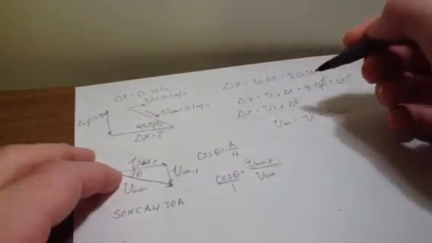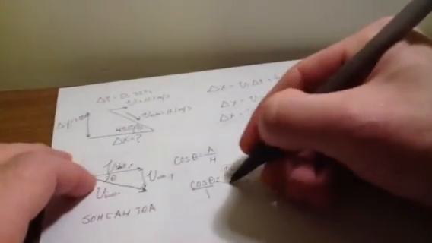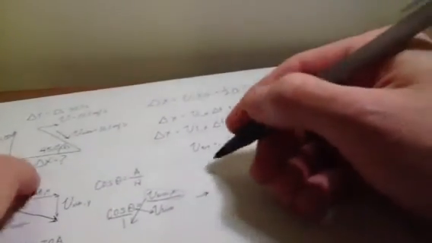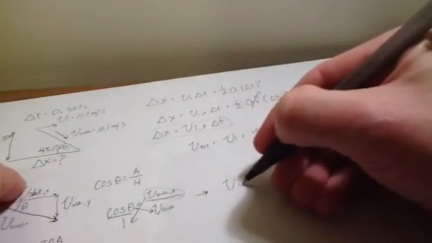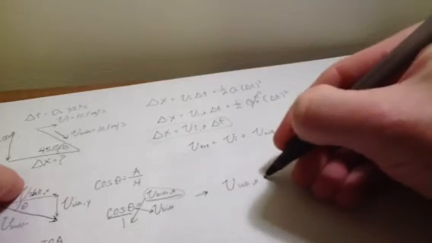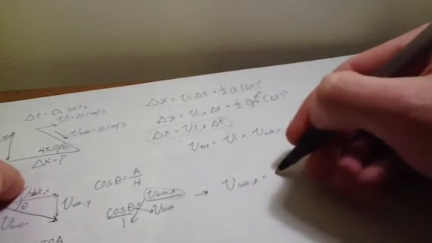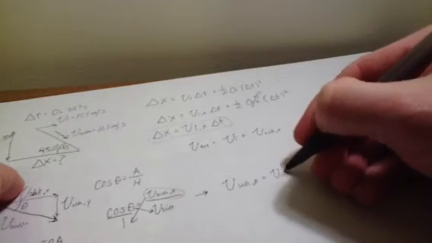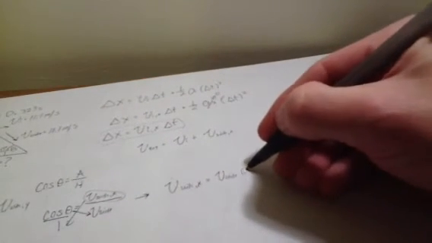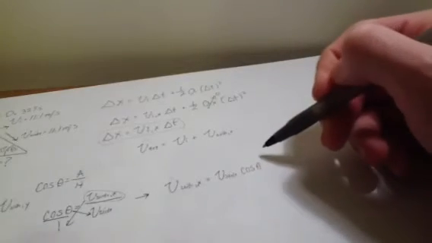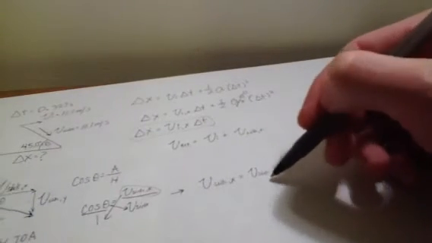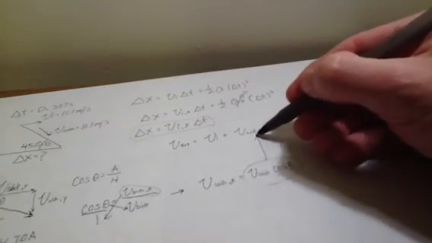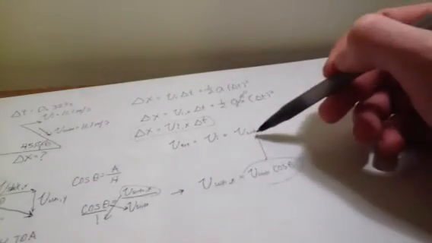If you set this over 1, since they have an equal sign here, and cross multiply on both sides, you get your speed of the kid on the slide in the x component is equal to your speed on the slide multiplied by cosine theta.